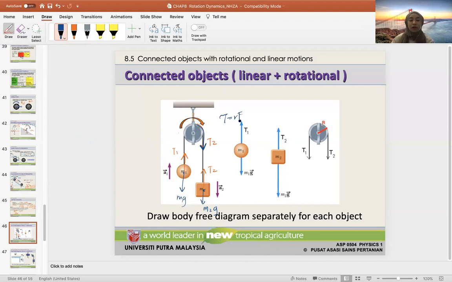Torque is RF, where R is the length from the axis of rotation to the force, and the force must be perpendicular. So here, your R is this, and this is your T. This gives you the RF, because tension is also a force. So this is your torque now. This gives you the rotational motion clockwise.